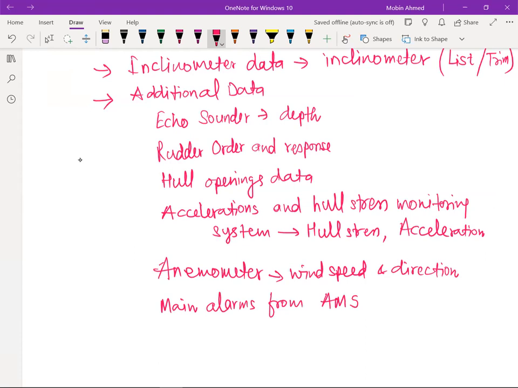So whatever the alarms are there in the AMS, not all, but important alarms of the MSB, ESB, engine, generators. So these are all alarms that are going to come from the AMS. Engine order and response. That is the engine telegraph.